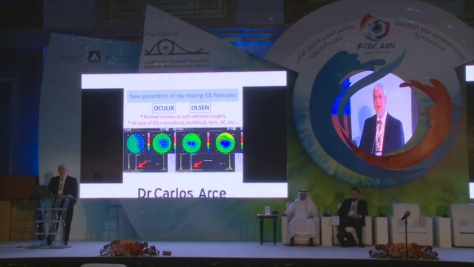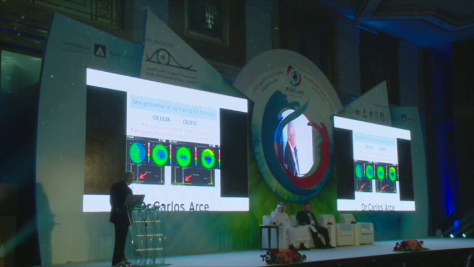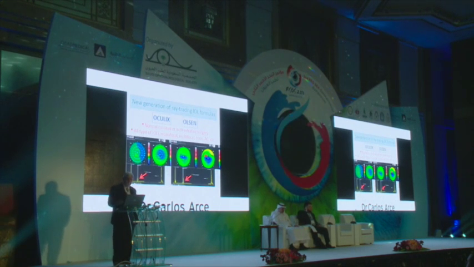And the Galilei is linked to the new generation of ray tracing IOL formulas like the Okulix and the Olsen formula. You can see here the position of the IOL. So this is now a possible new generation of formula where we can make a linear regression with the effective lens position.